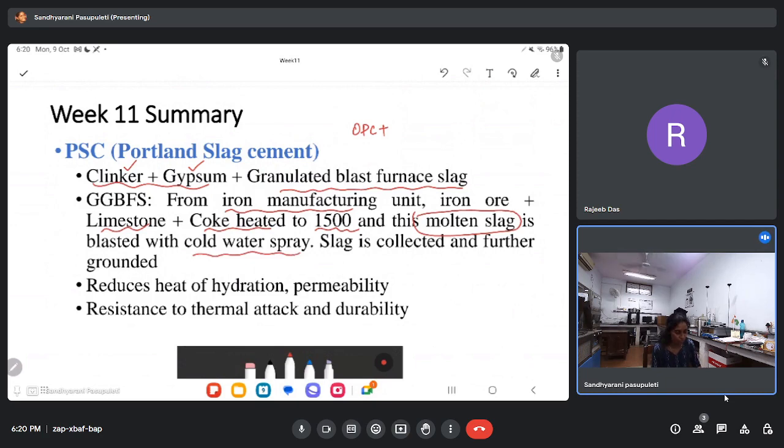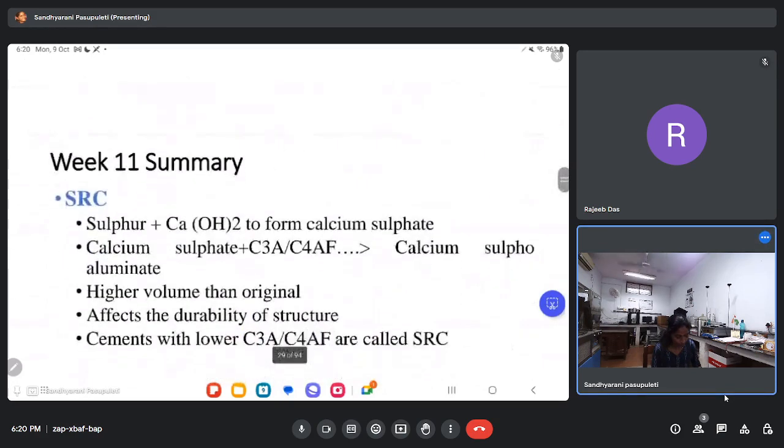When it is subjected to water spray, it will be formed into fine granules. Those will be collected and further ground, which we call slag. This slag reduces the heat of hydration. As we have advantages from the PPC, we have the same kind of advantages from the Portland slag cement also.